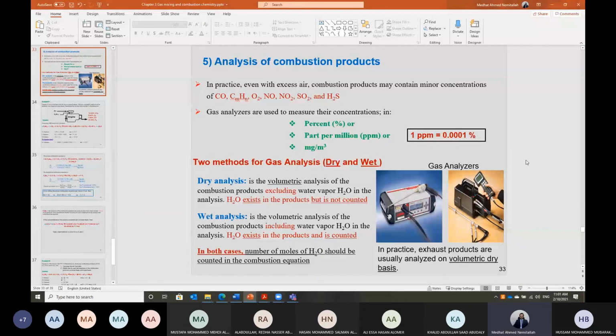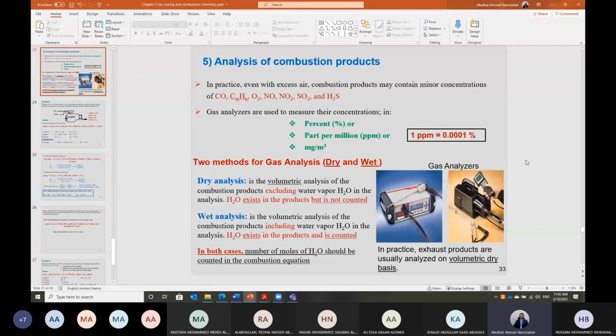Usually, there is a special kind of sensor to measure the concentration of each component, and each sensor has a separate technology, either infrared or ultraviolet or something else. So there are different methods used in the analysis of the combustion products for each species. They have to make a test in order to calculate the concentration of each species.